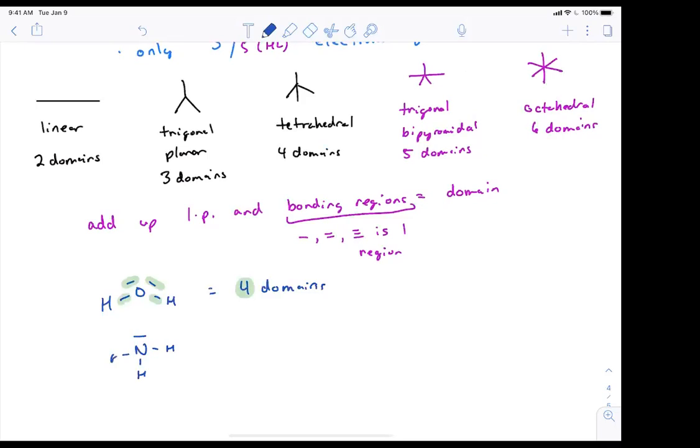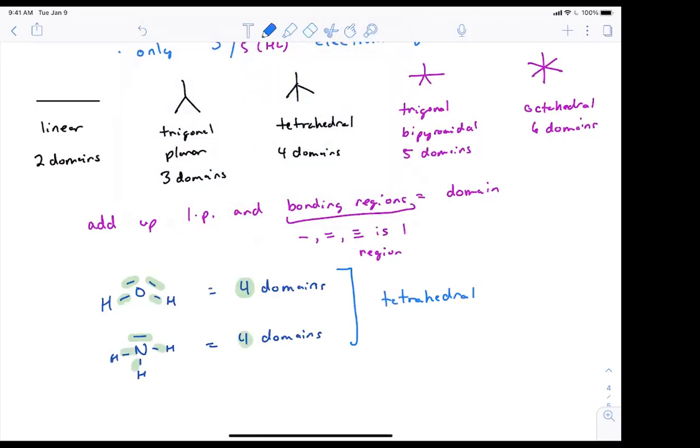Ammonia would still have 4 domains: 1, 2, 3, 4. Okay. So they both technically have the same electronic geometry, tetrahedral.